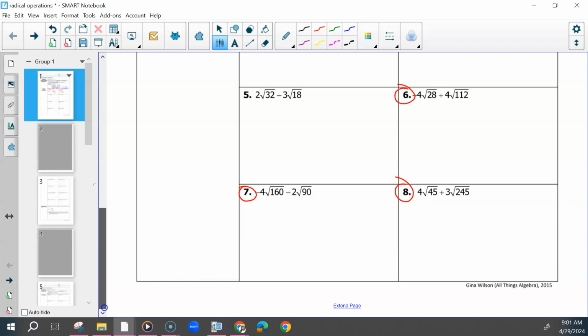So starting with number 6, we're going to simplify both. I'm going to do this simultaneously. What is the highest perfect square that goes into 28? So you're thinking what can be divided into 28, not the closest perfect square to it. 4 and 7. And then what's the highest perfect square that goes into 112?